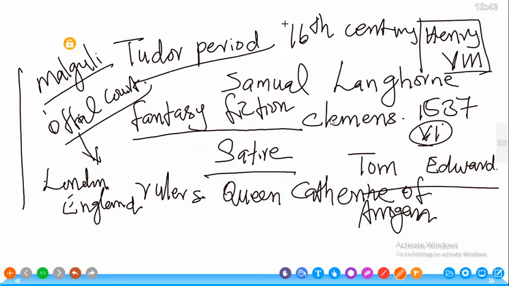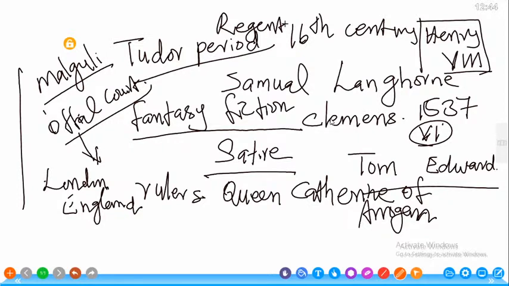He was a guide of Edward, but Edward died on 6th July 1553 at the age of 16. So it's a premature death. He had been weak from birth and is believed to have died of tuberculosis.